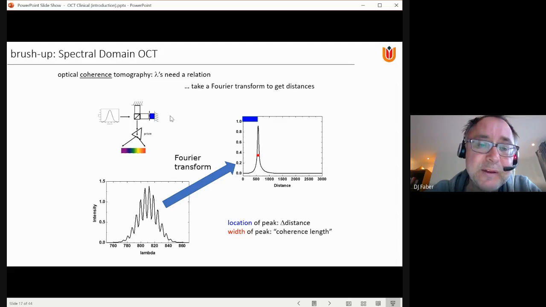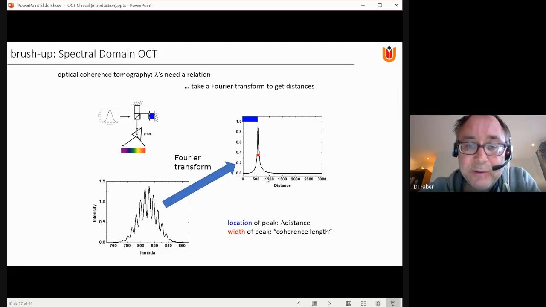If I would have this mirror in the interferometer at a larger position, so the blue part would be larger, then the modulation on the spectrum would be a sharper, finer modulation, and the peak here would have shifted to the right. So the modulation frequency on the spectrum is directly related to the distance between the reflector in one arm and the mirror in the other arm. If you can resolve that modulation frequency using a Fourier transform, for example, then we can get the depth information back.